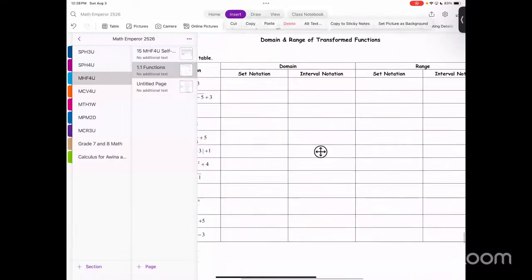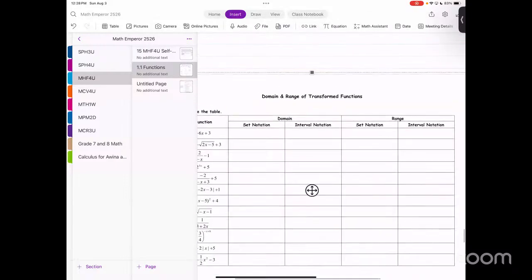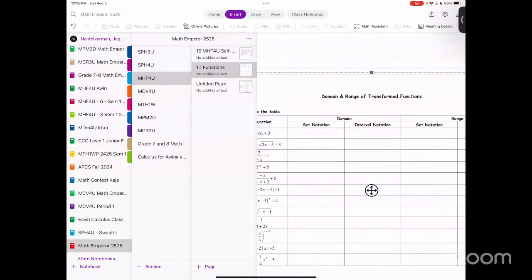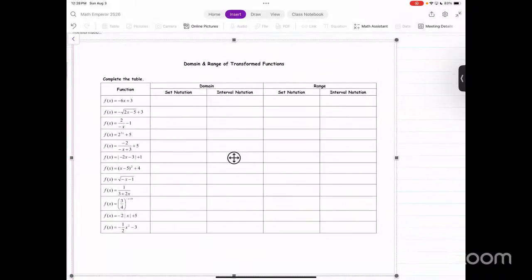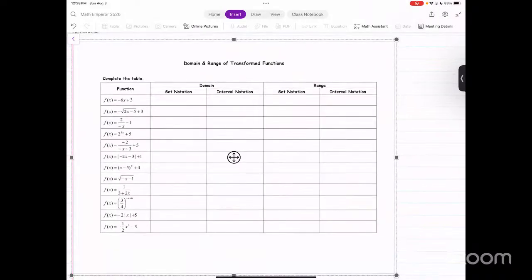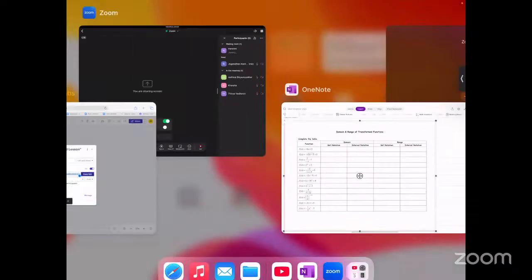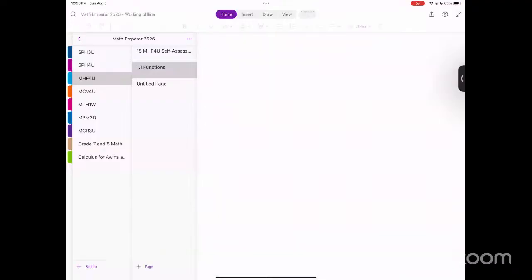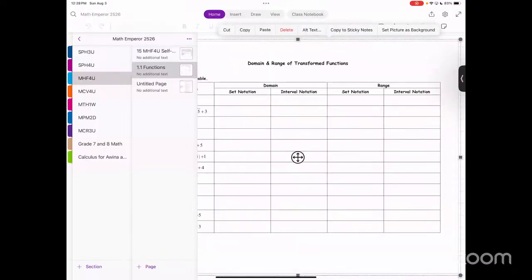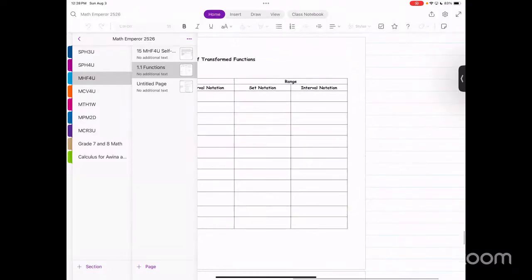This is simply a practice from grade 11, nothing new. If you really focused in my grade 11 class, you should be able to answer those questions. You all have the sheet. And then we're going back to stating that in set notation and various notations.